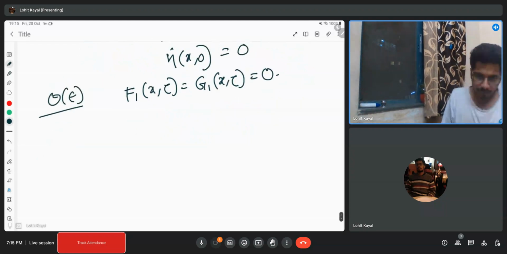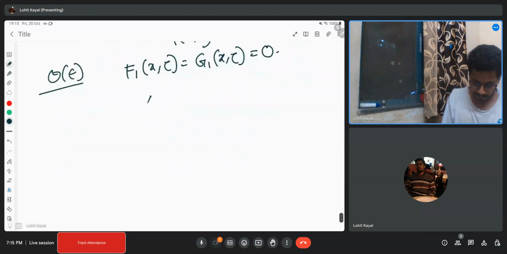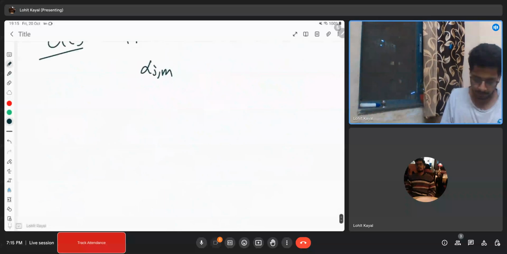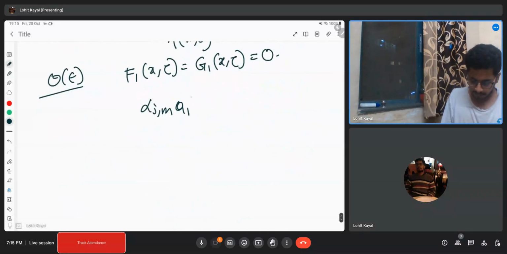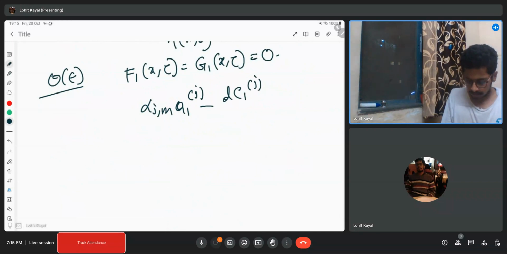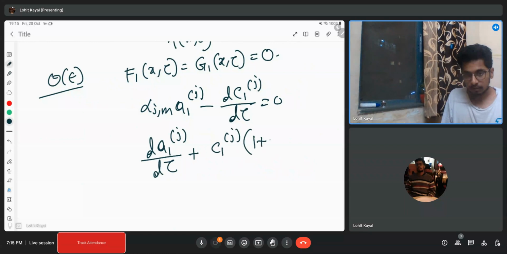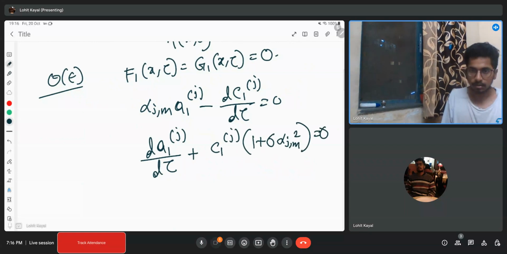So we will get at the linear order, from these two equations, α_jm a_1j minus dc_1j/dτ equal to 0, and da_1j/dτ plus c_1j times (1 plus σ) α_jm squared is equal to 0.